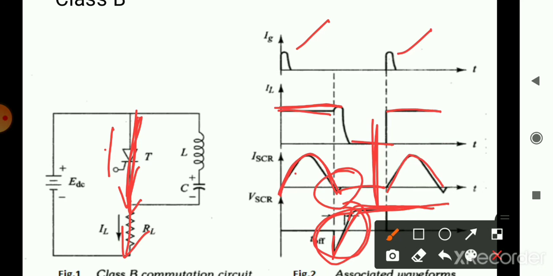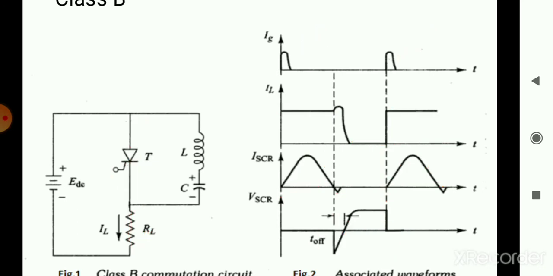You need to remember this is a switching operation, on and off. The time I am specifying here, after charging the inductor as well as the capacitor, when I give a trigger pulse to the SCR, that time may vary. It's a manufacturer design specification.